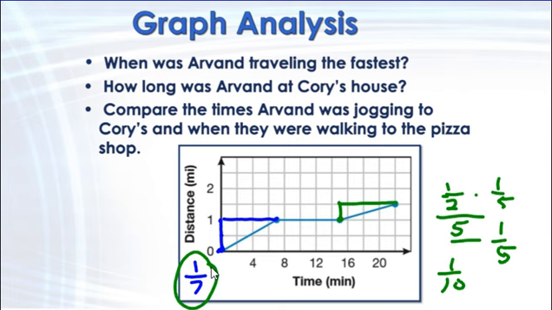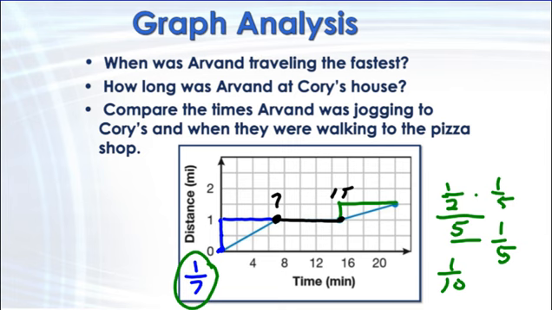How long was Arvind at Corey's house? Well, we can determine where he was at Corey's house because he didn't go anywhere. So his distance stayed the same. So that was from here to here. So at the 7-minute mark to the 15-minute mark. If I subtract those two, you would get 8 minutes. And then compare the times Arvind was jogging to Corey's and when they were walking to the pizza shop.